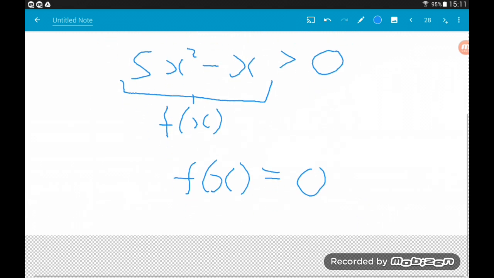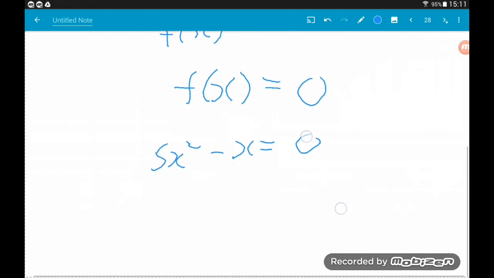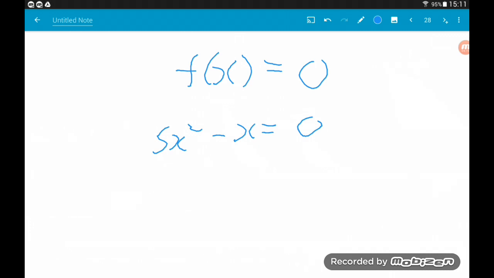So if we set f of x equal to 0, then we've got 5x squared minus x is equal to 0. And then if we factorize, we've got x lots of 5x minus 1 is equal to 0.